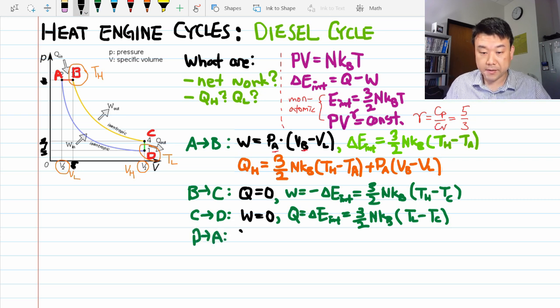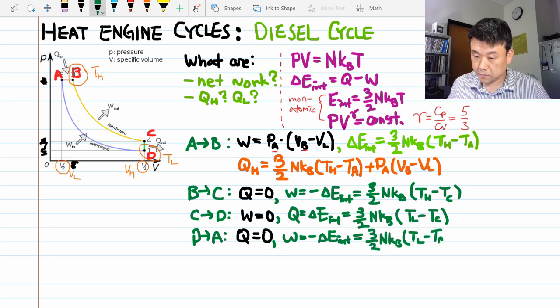Since it's adiabatic, heat transfer is zero, and the work done is minus the change of internal energy. And double check that this quantity is negative, as it's supposed to be for work done on the gas, and temperature at point A is larger than the lowest temperature.